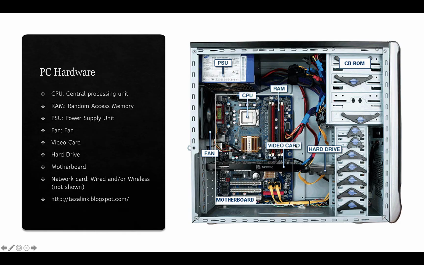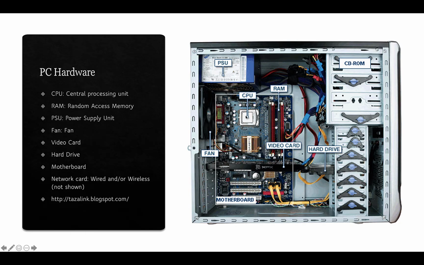Then we have the motherboard, which contains all of the processing and memory apparatus. So the CPU, central processing unit, which is responsible for the operations of a computer, essentially the brains. RAM, which is one type of memory used on the computer. And then other pieces of equipment like a fan.